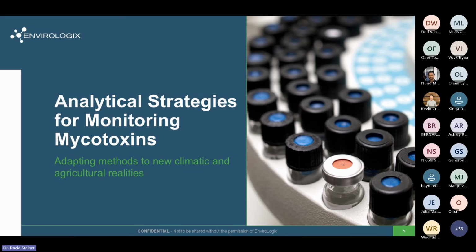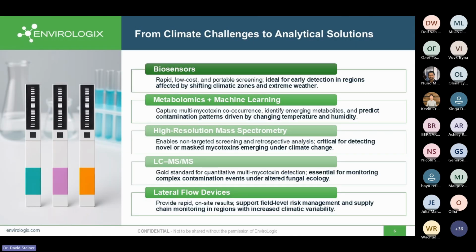And basically we could see that climate change is driving new mycotoxin risks, novel toxins, shifting hotspots, and complex co-occurrences. And as I said, no single method can really cover all these risks.